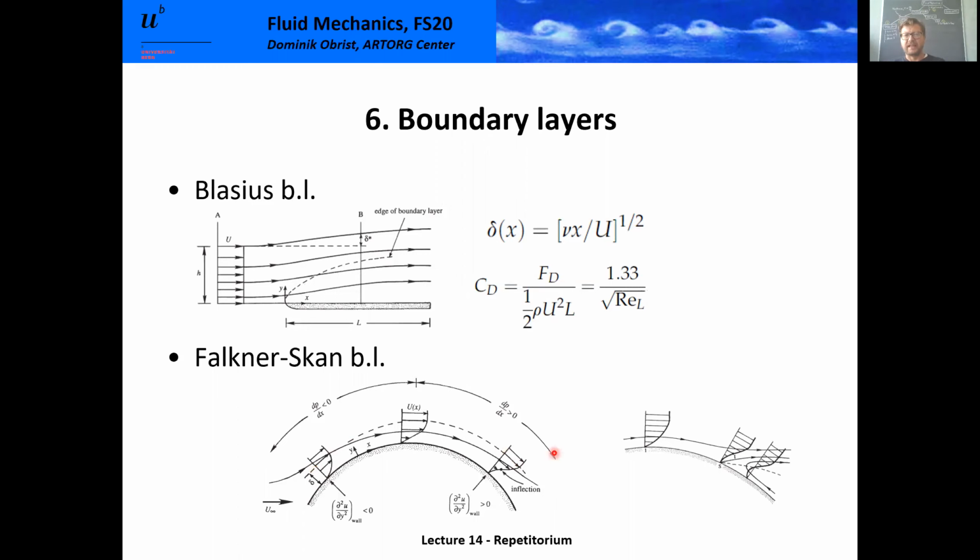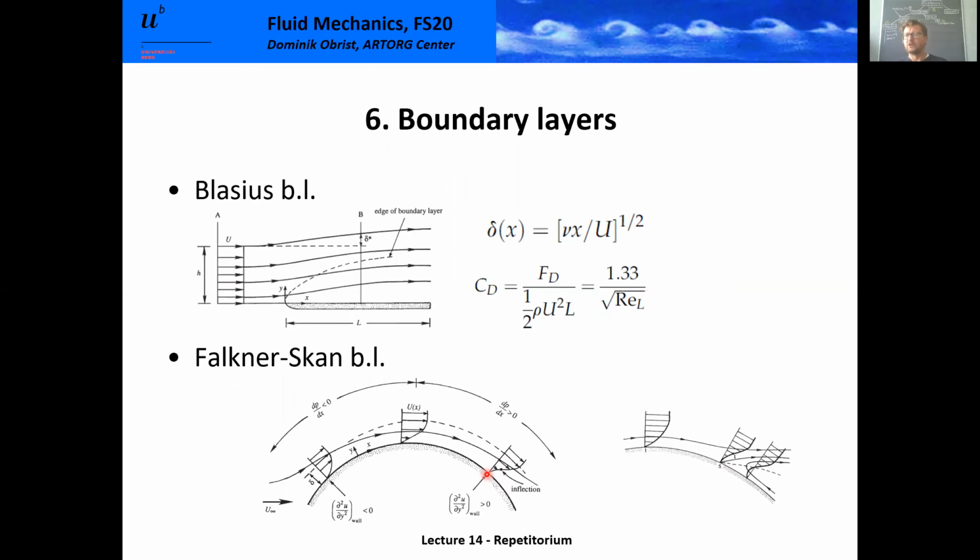That's what's called an adverse pressure gradient, creating a velocity profile that eventually gets an inflection point. So we have a curved profile, and there's one critical point where the gradient at the wall goes towards zero. So we end up with a point where we have zero velocity gradient at the wall.